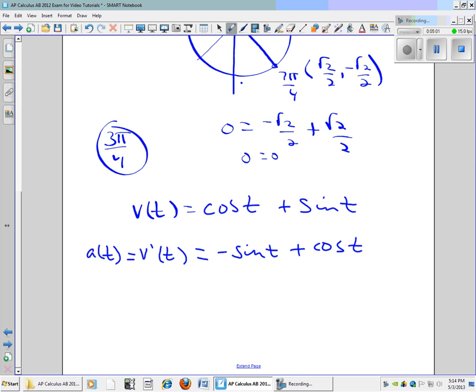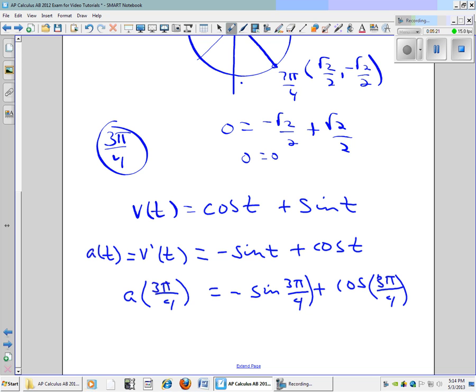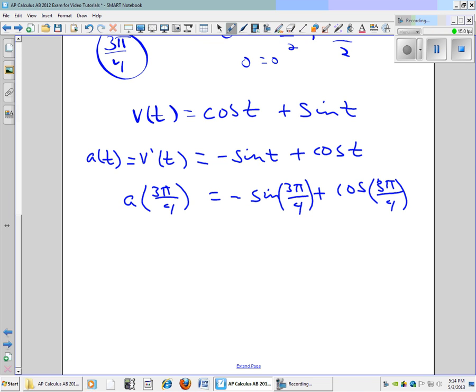And now we're going to substitute in the value. We're going to have a of 3 pi over 4, which will be equal to negative sine of 3 pi over 4 plus the cosine of 3 pi over 4. And let's see what that's equal to. I'll have a negative, and then let's look at our unit circle again.